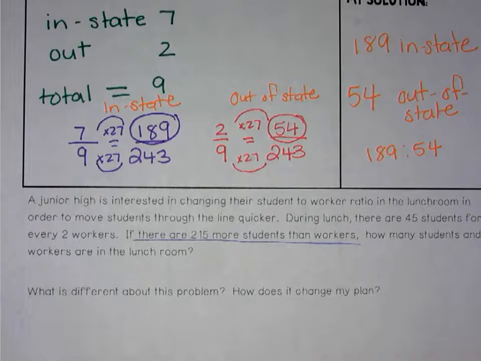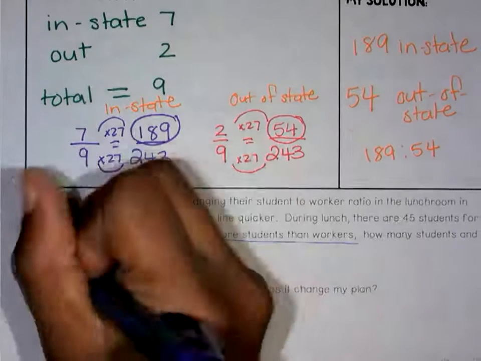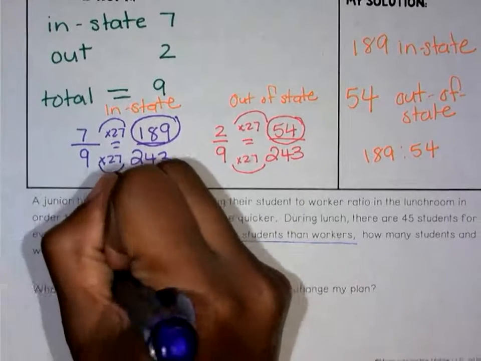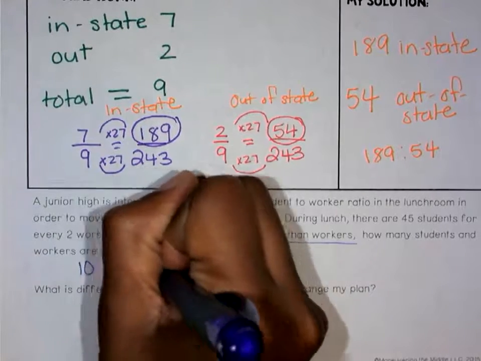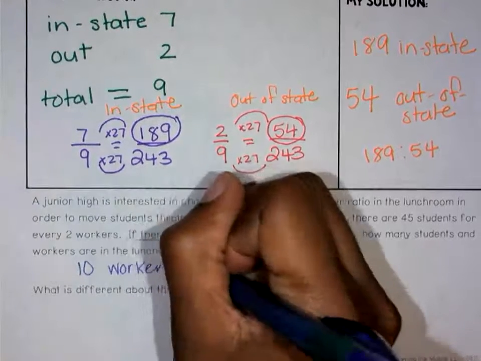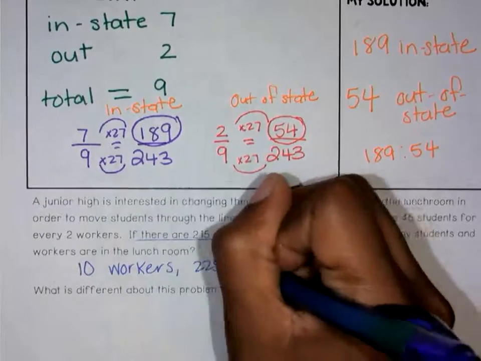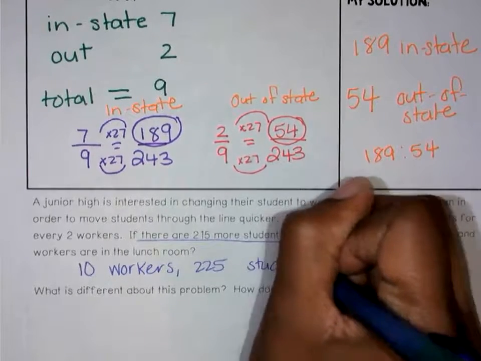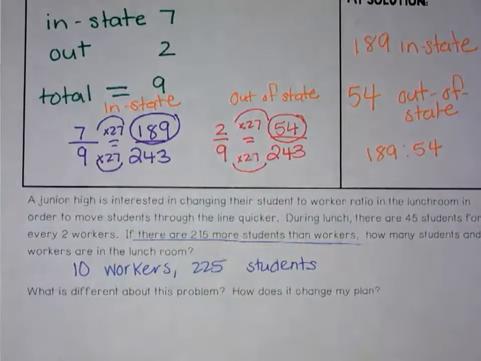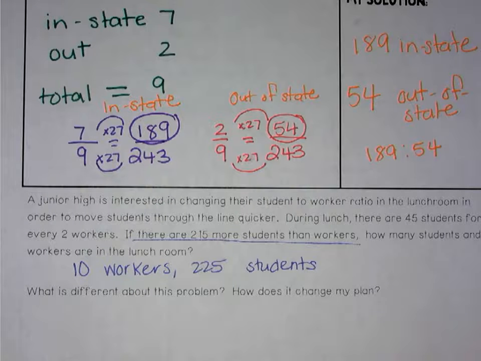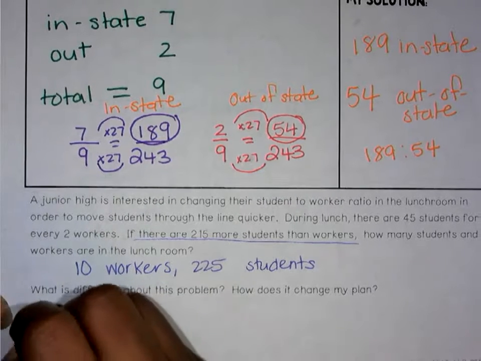So this problem is a little different, all right? I'm going to give you the answer of 10 workers and 225 students. And we're kind of going to work backwards in this case. This question asks, what is different about this problem and how does it change your plan? It changes your plan because different information is given.